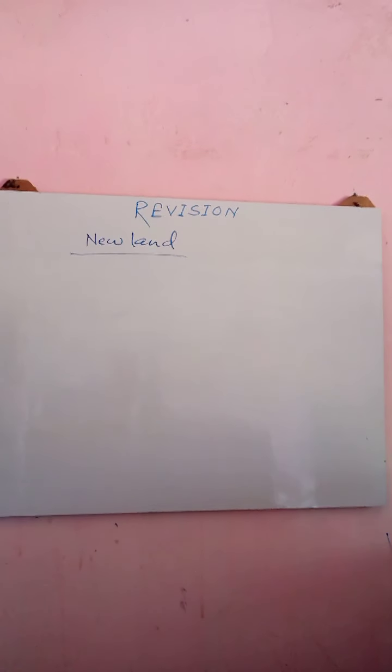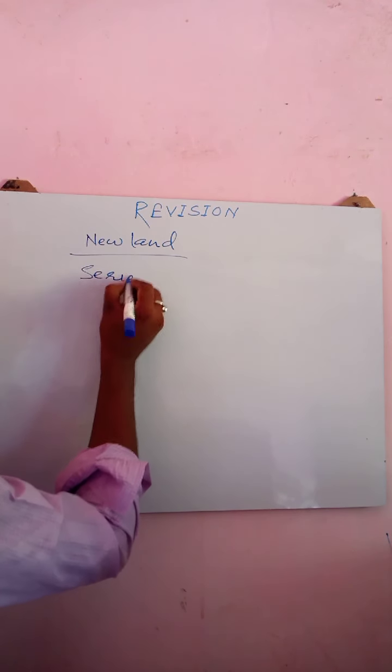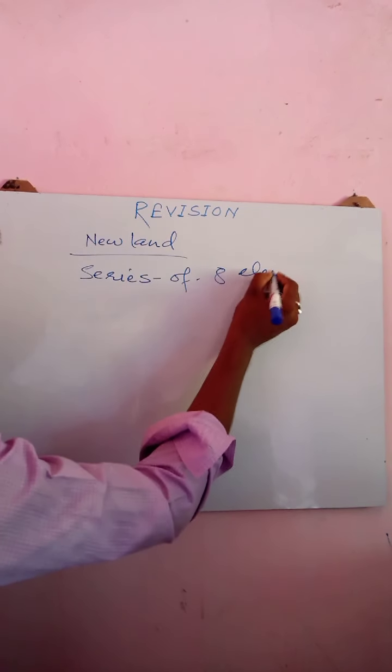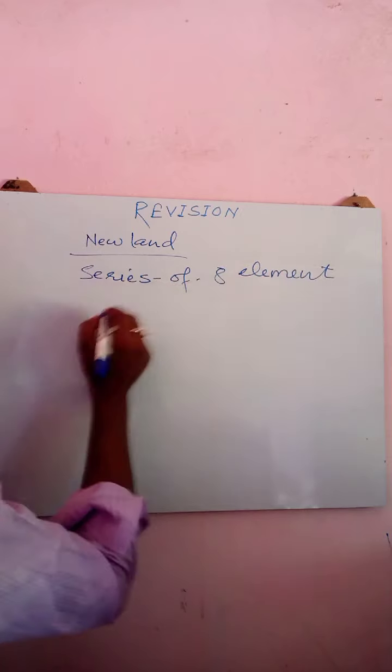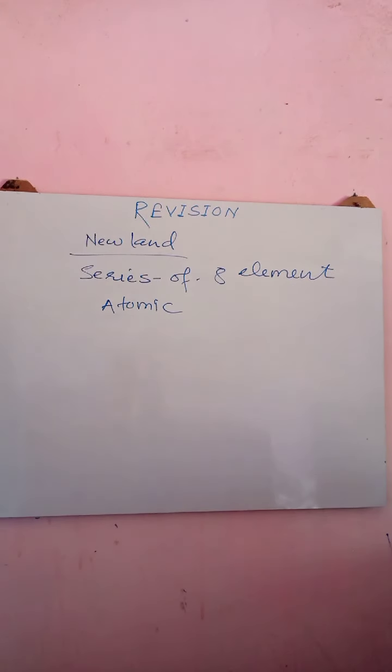Newland classified the elements into series of 8 elements. It was also based on atomic mass, meaning elements were arranged in increasing order of atomic mass.